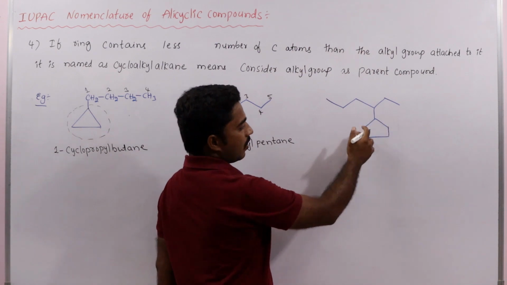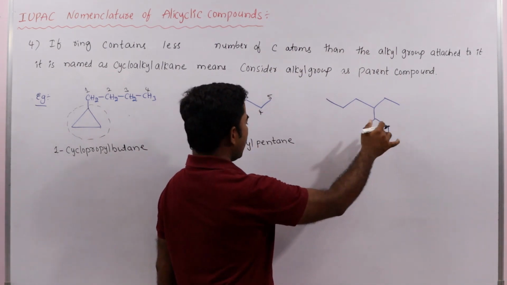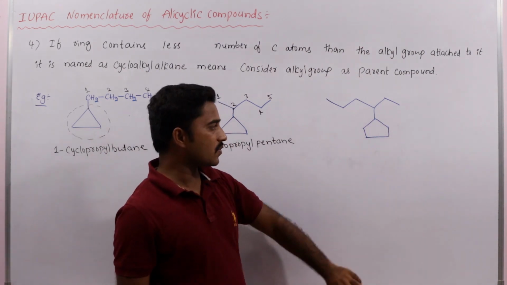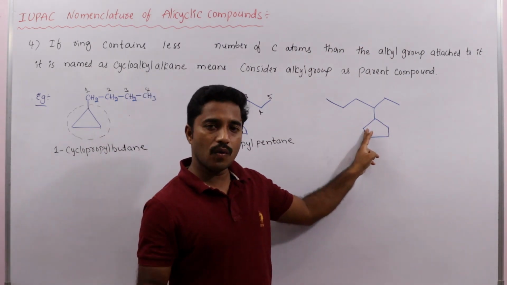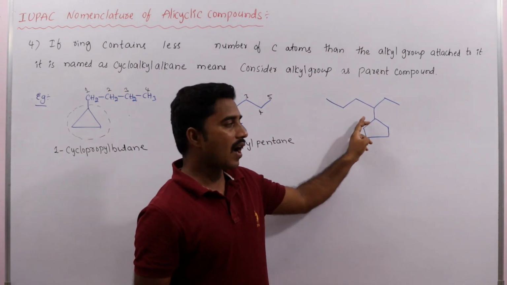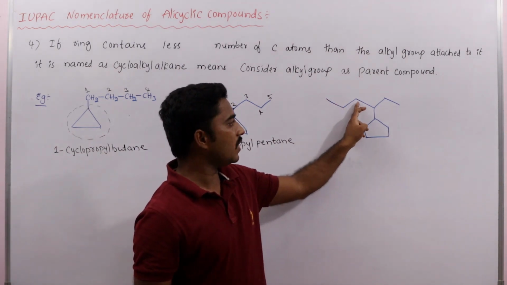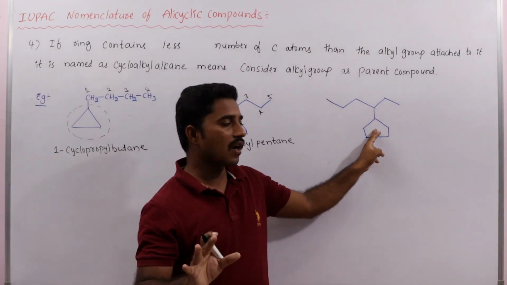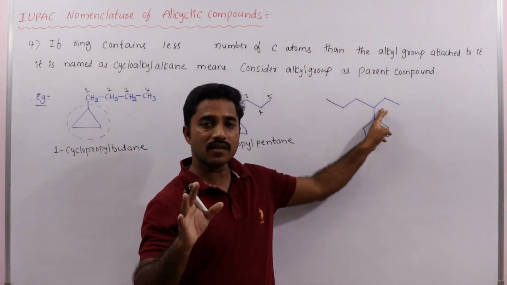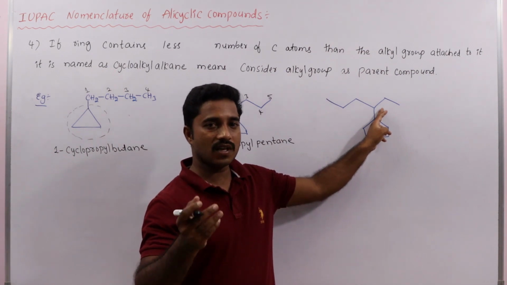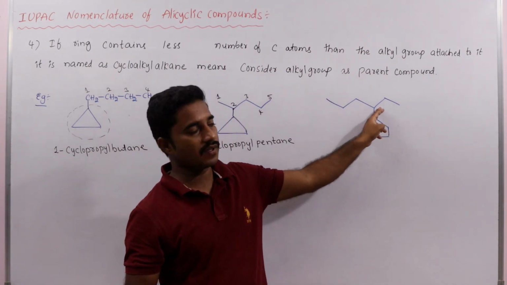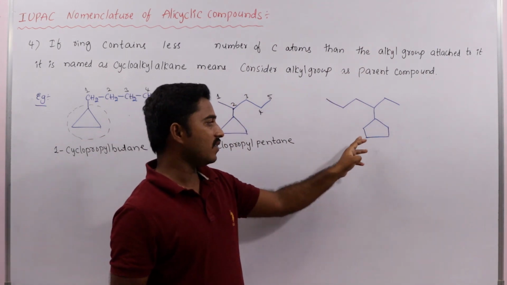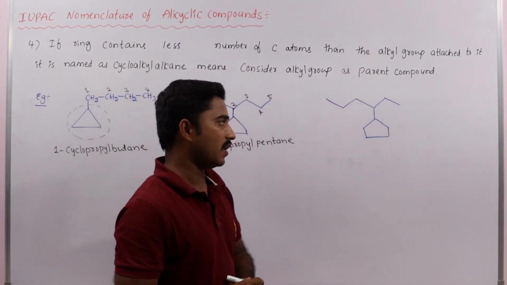So when we come to this one, it is similar to this. Here a cyclopentyl group is there, as a substituent, because this contains only 5 carbons, but the alkyl group contains 1, 2, 3, 4, 5, 6 carbons. The ring contains 5 carbons and the alkyl group contains 6 carbons. The side chain alkyl group has more carbons, that's why this alkyl group is selected as the parent compound and this ring as a substituent.